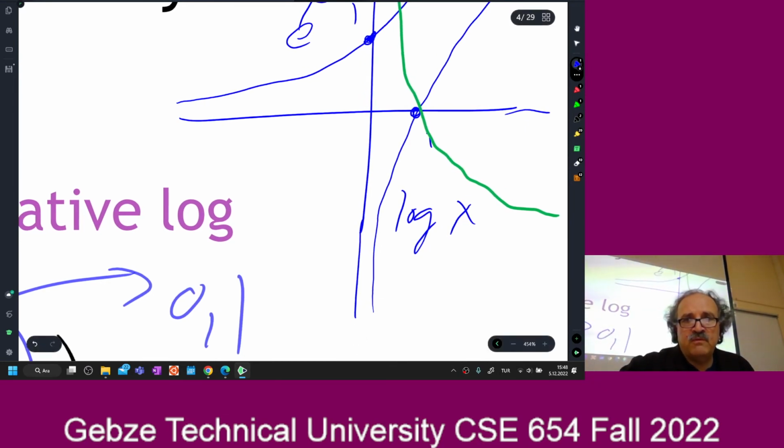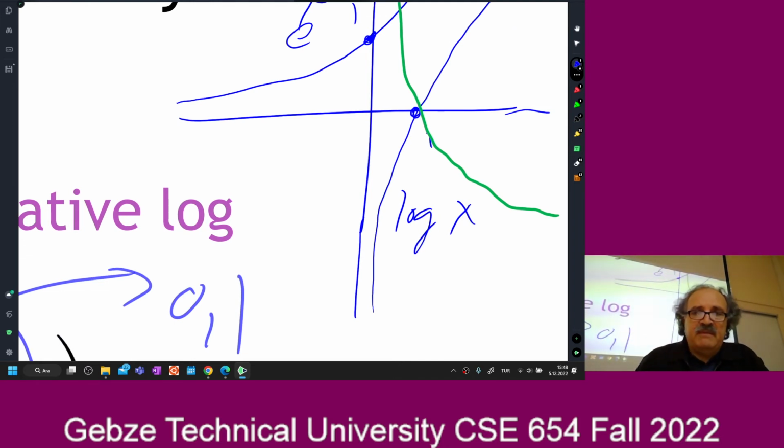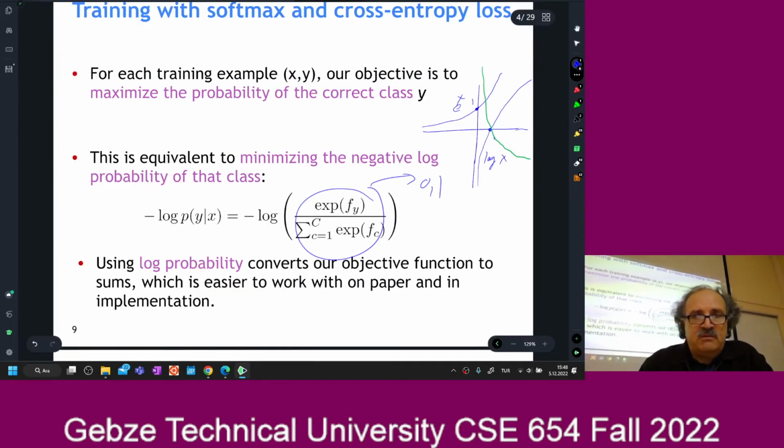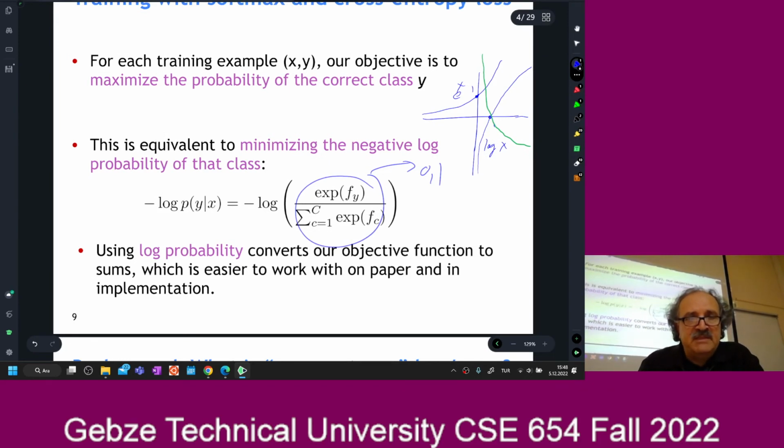From 0 to 1 is going to produce numbers from minus infinity to 0. If I take the minus of it, it's going to be plus infinity to 0. Okay, minus log likelihood. Using log probability converts our objective function to sums, which is easier to work with on paper and in implementation.